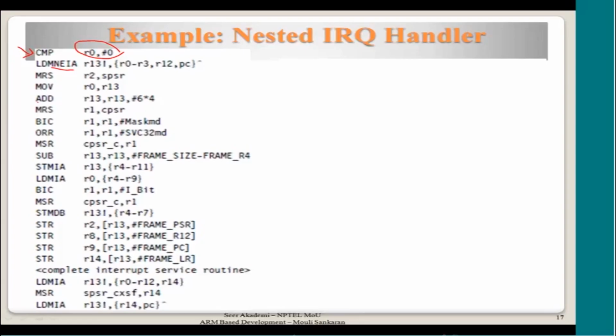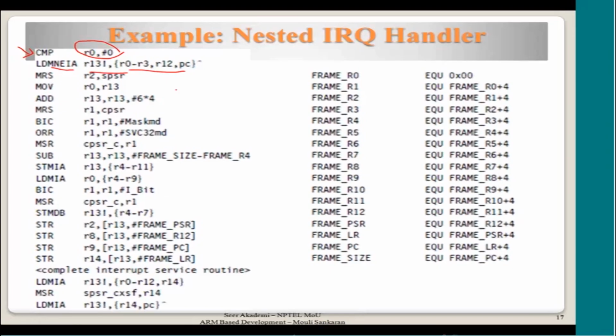It's a load multiple instruction with respect to R13, and it is restoring the values when R0 is not equal to 0. See, it is very specific to the implementation.